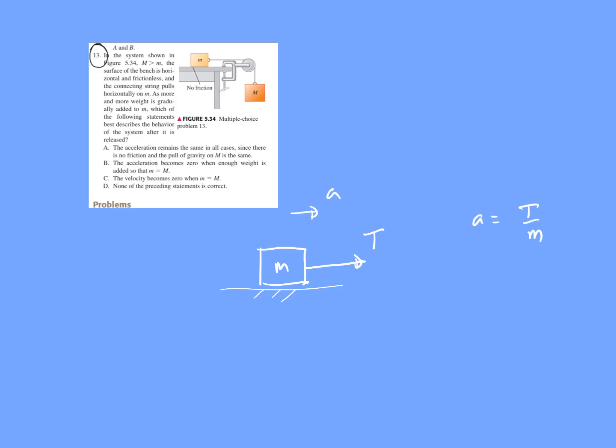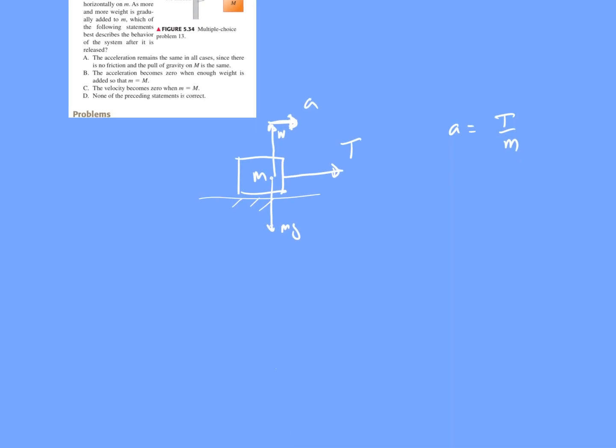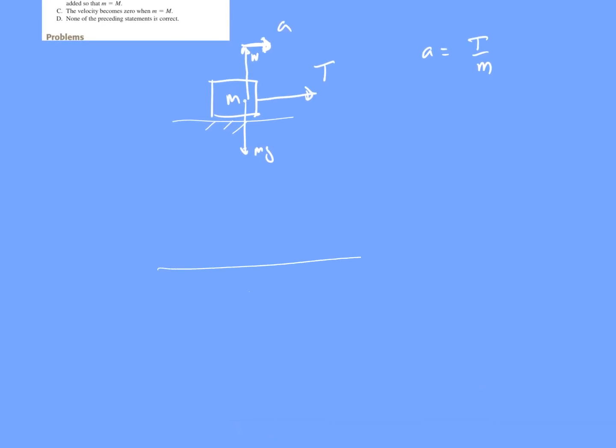The motion is irrelevant because it's the weight, mg, and the normal N that is equal to mg because there is no acceleration in the y direction. The acceleration is only in the x direction. So as a conclusion, we think of a one-dimensional problem, this is the m, and this is the only tension T.